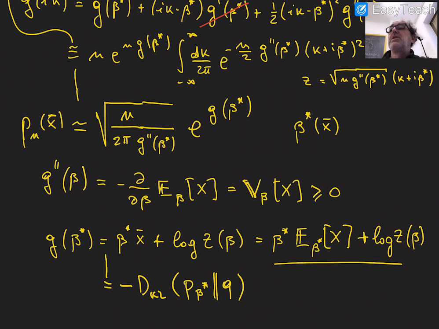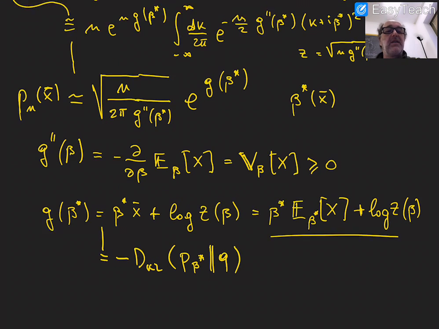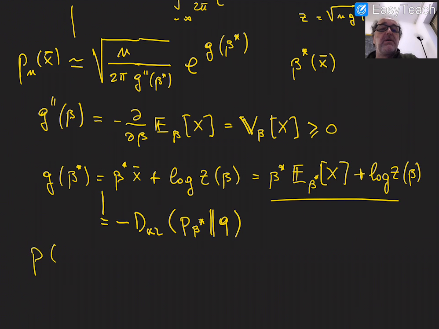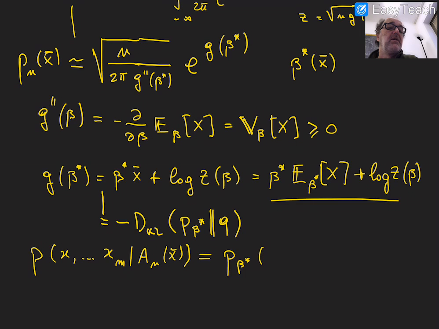Again, you can also check that the marginal distribution of a finite number of variables conditional on the large deviation is given by, so if you compute the marginal distribution of m of these random variables conditional on the large deviation, then you can check that in the limit when n goes to infinity, this is exactly the product of the PDF p beta star computed in the variables x1, ..., xm.